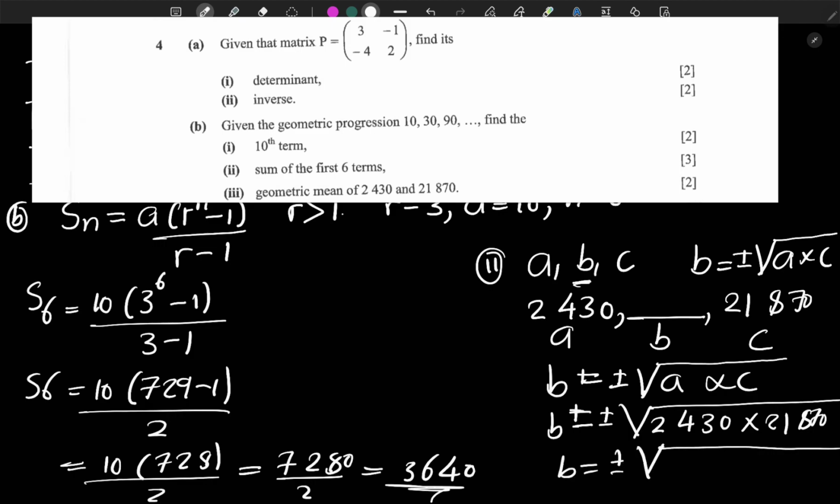So we can now multiply these numbers. 2,430 times 21,870. So I'm getting 53,144,100. Then the square root.